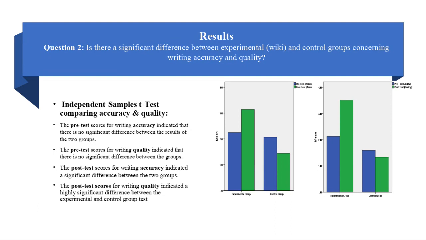The pre-test scores of writing quality indicated that there is no significant difference between the groups. The post-test scores of writing accuracy indicated a significant difference between the two groups. The post-test scores of writing quality indicated a highly significant difference between the experimental and control groups.